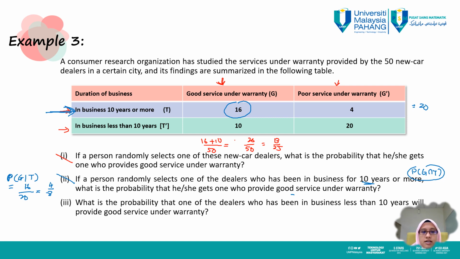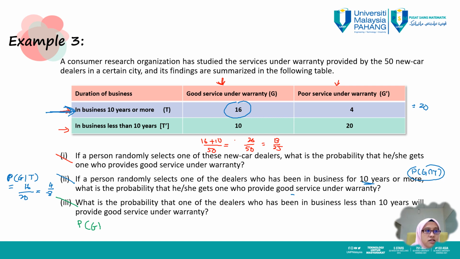Continue with number 3. What is the probability that one of the dealers who has been in business less than 10 years will provide good service under warranty? So the question asks for the probability of good service under warranty given dealers who are less than 10 years, that means T prime.